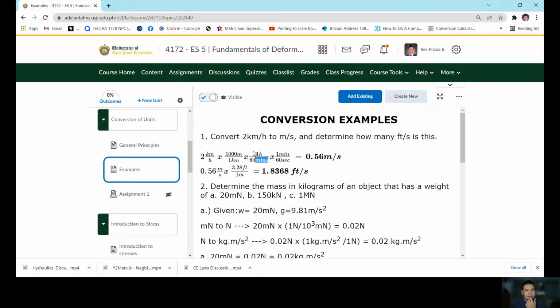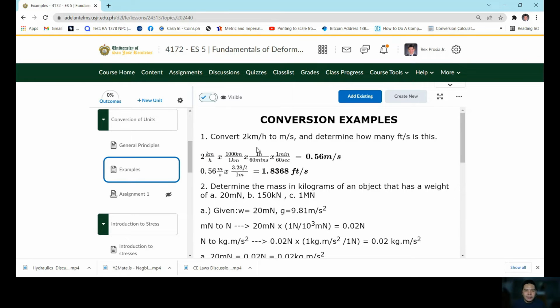So 1 hour is equivalent to 60 minutes. Why is minutes at the bottom? Remember that the unit hour is at the bottom. Therefore, in order to cancel that one out, we want to put our conversion on top, to cancel 1 hour.